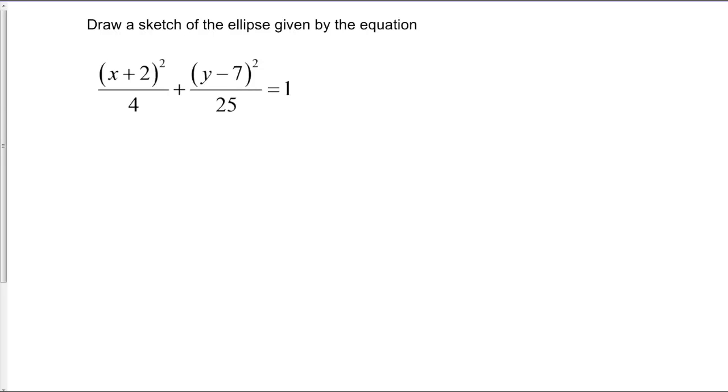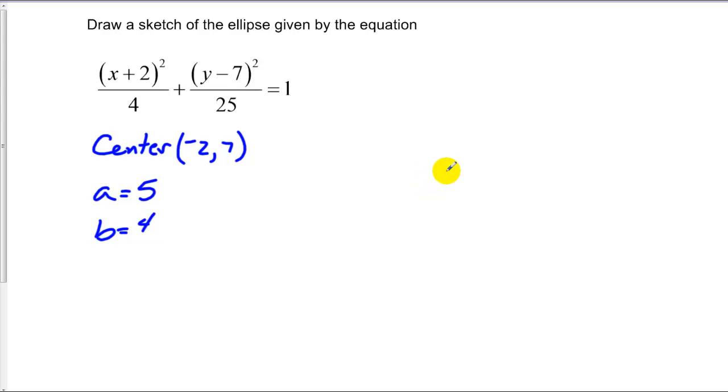We want to sketch an ellipse given by the following equation. Well, what I know initially is I have a center at (-2, 7). My a term is equal to 5 because that's the biggest. My b term is equal to 4.